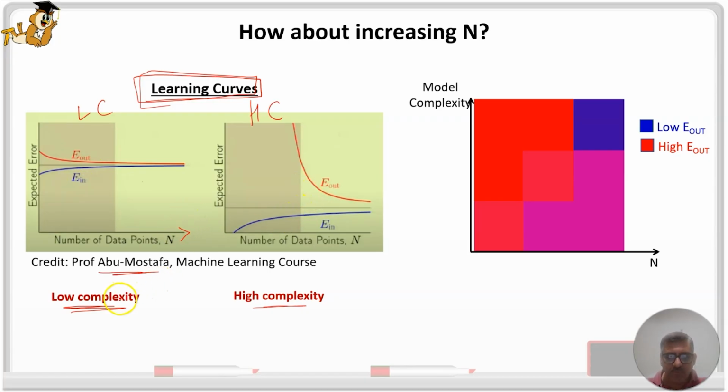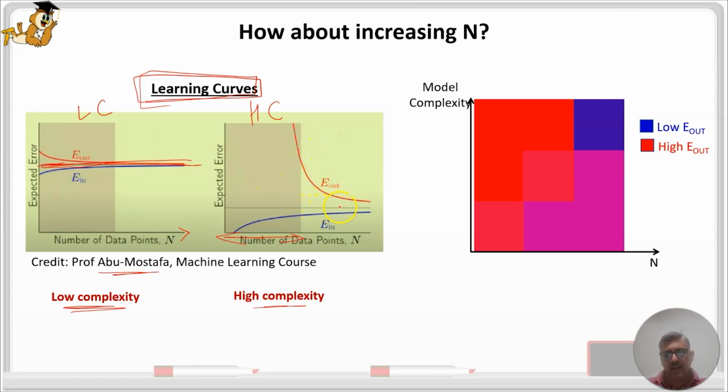In the case of a low complexity model, what you observe is that the Eout and En converge. We know that Eout is going to converge to En. We saw that on the basis of the VC theory, right? So Eout and En are going to converge, and this convergence will happen at a level somewhere like this. Whereas for a high complexity model, for lower number of n's, when you are dealing with insufficient n, your Eout is substantially high.